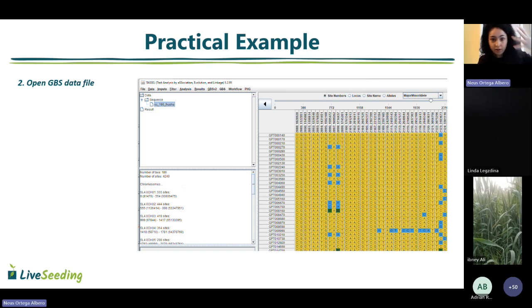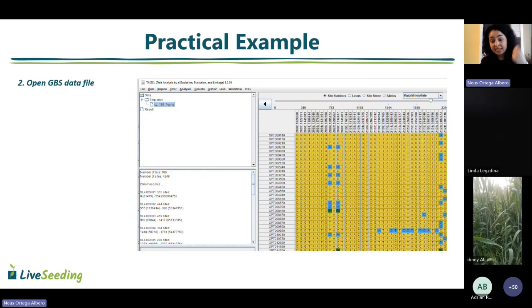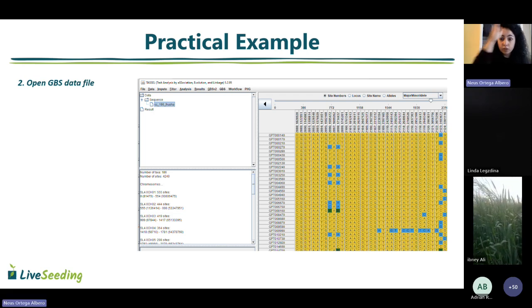So let's remember, we open a phenotypic file with phenotypic information about a collection of plant landraces. Then we open a GWAS data file, which is telling us that we have some landraces or some accessions, varieties, individuals, and we know which base pair they have in some locations.